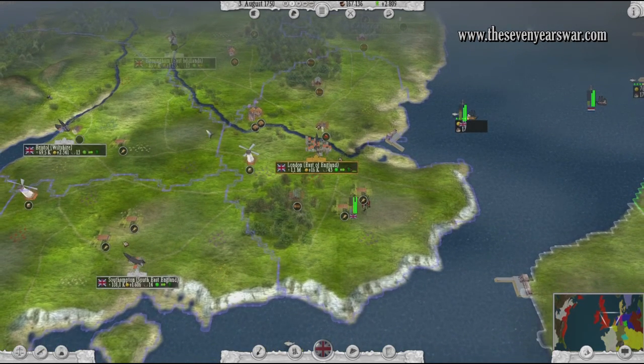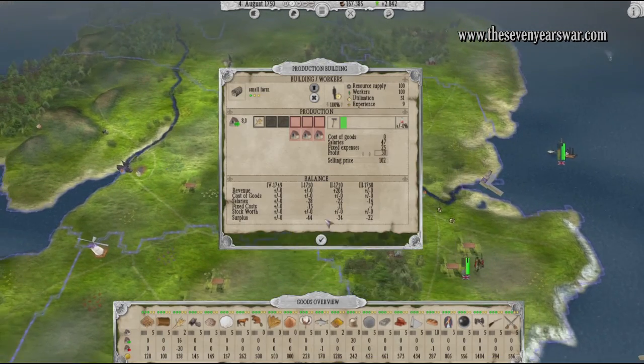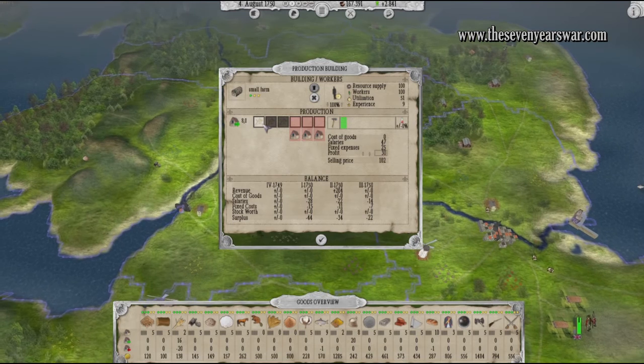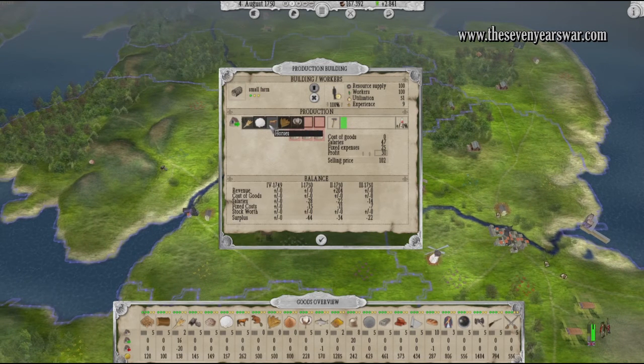Let's take a look at the Ford, for example. If you would like to change production, simply click here and set another kind of production. Horses, for example, will need wheat.